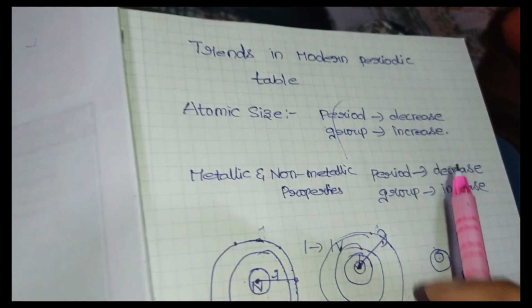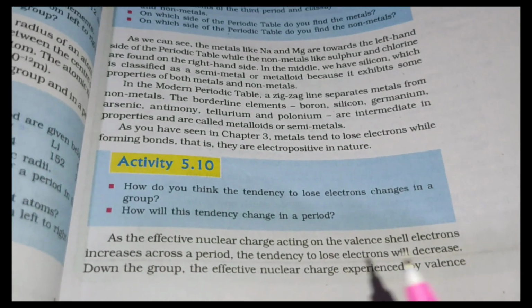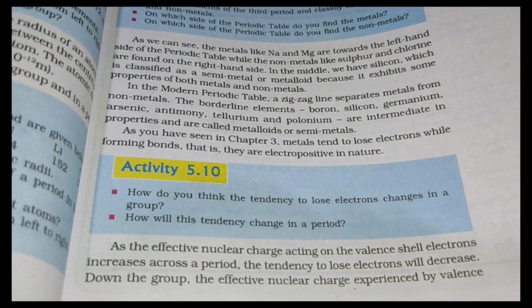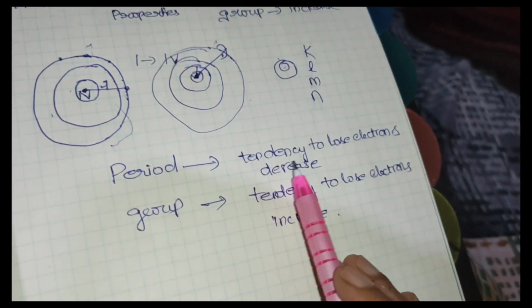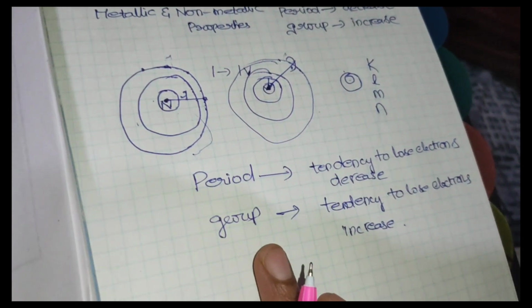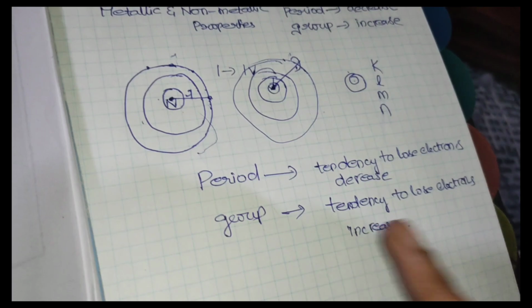That's why the size decreases, as I told. Here the effective nuclear charge will be more across a period, so the tendency to lose electrons will decrease. So along a period, the tendency to lose electrons decreases. But down a group, more shells are added.